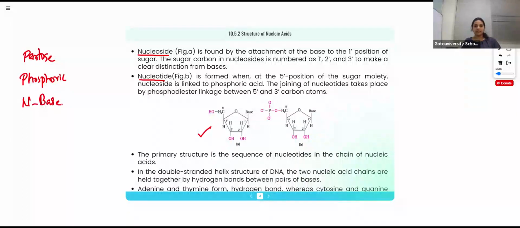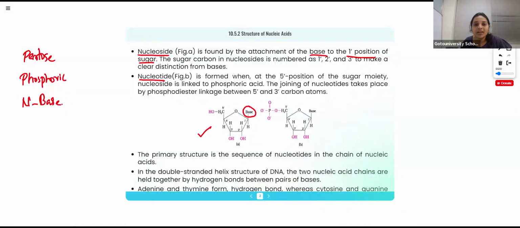Now, nucleoside is formed by attachment of the base to the first position of sugar. Here, this is the first one, nucleoside. In this carbon, this is the first carbon, right? So in the first carbon, you can see the nitrogen base is attached.